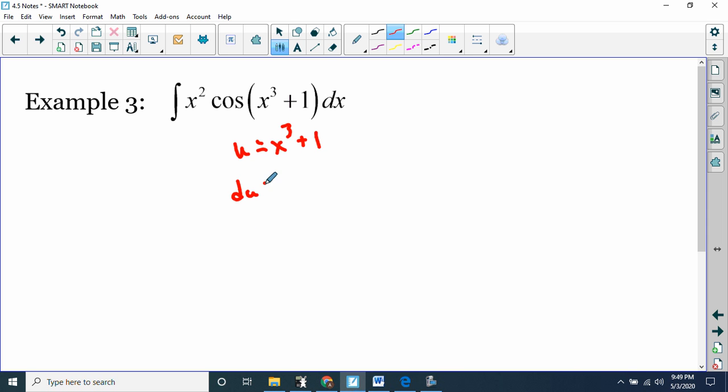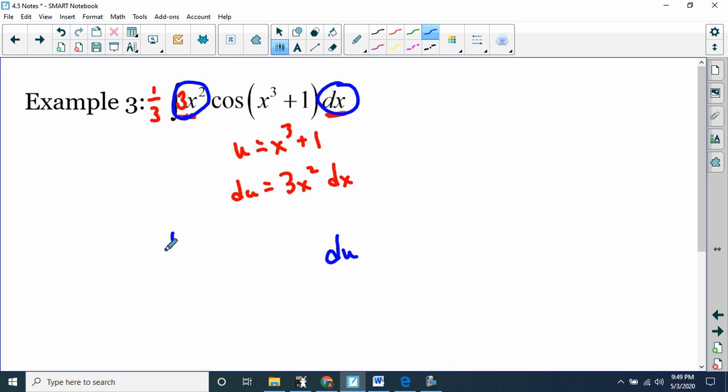Therefore, my du is going to be 3x squared dx. To make my du, I need 3x squared dx. I've got x squared dx, so I need to multiply by 3. If I multiply by 3, I also need to multiply by 1/3. 3x squared dx, there's du.